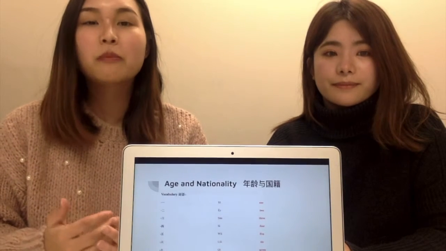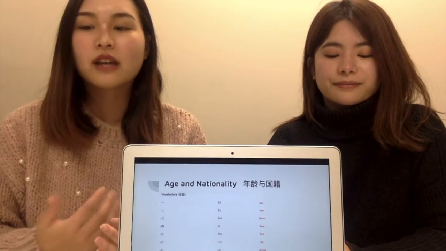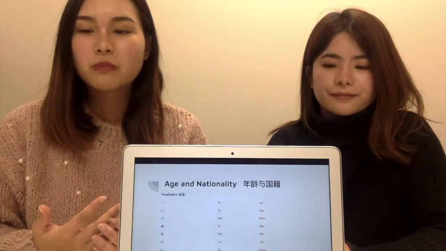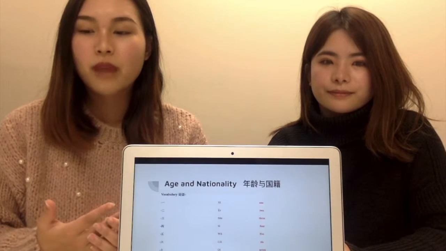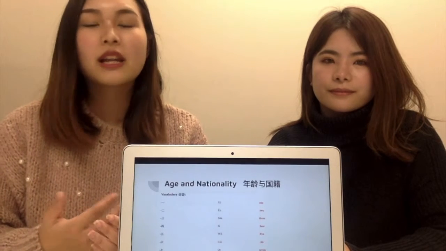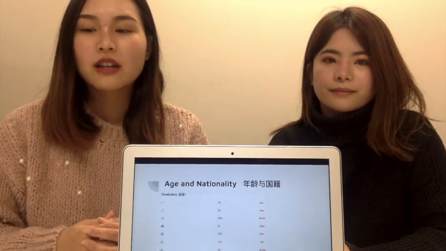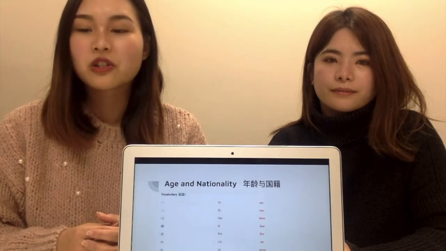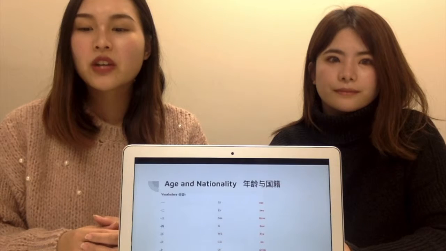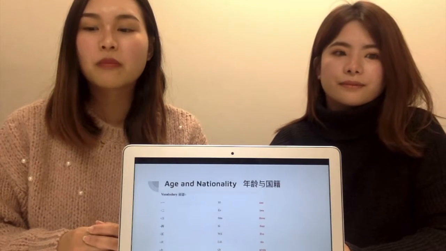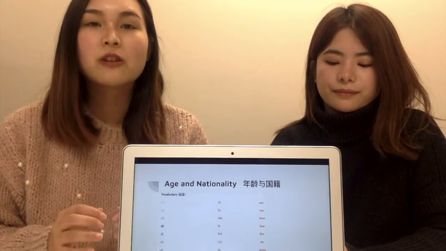How to count numbers from 11 to 19. The numbers between 10 and 20 follow a predictable pattern. The number 11 is simply the number 10 followed by the number 1. As you can see, these two numbers add up to 11.